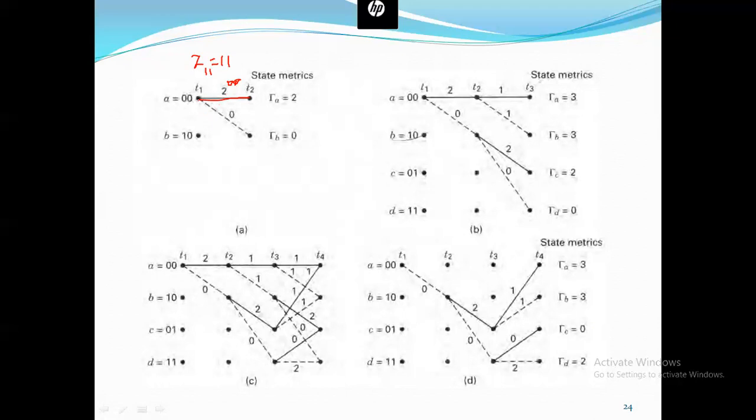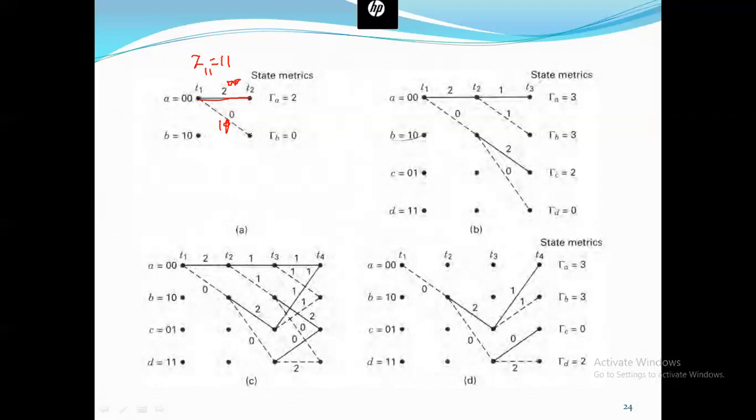And when we move from the 0 0 to the 1 0 state, we will get 1 in the output, and the output is equal to 1 1. This 1 1 is similar to the received bit sequence, and we have 0 differing bits. So every time we calculate the differing bits of the sequence.